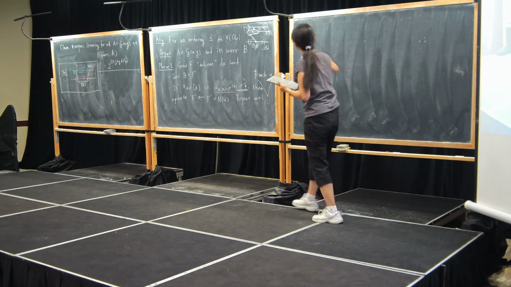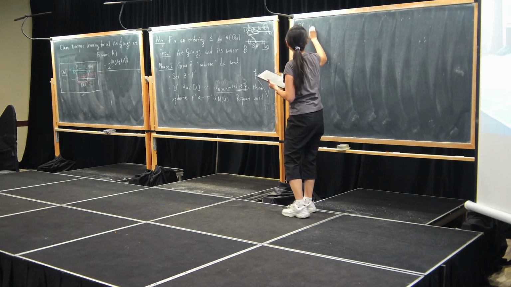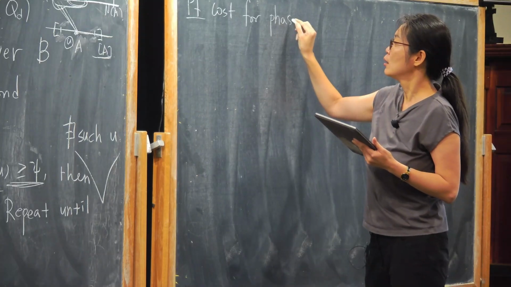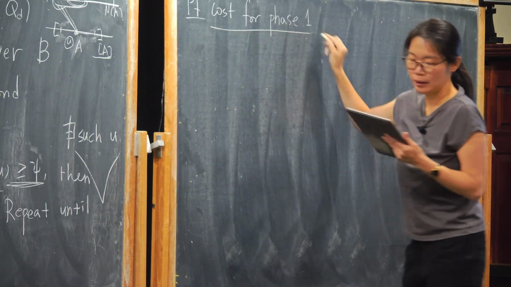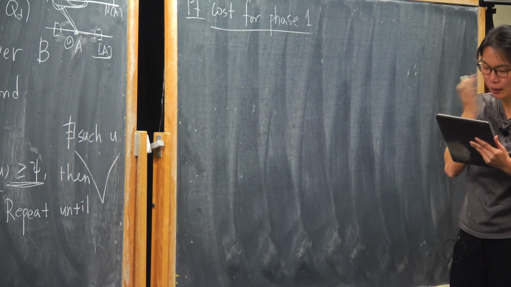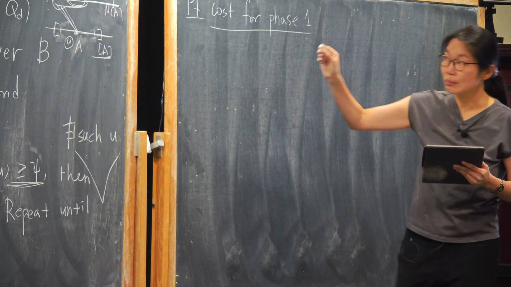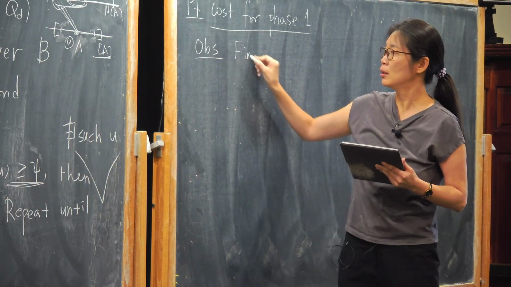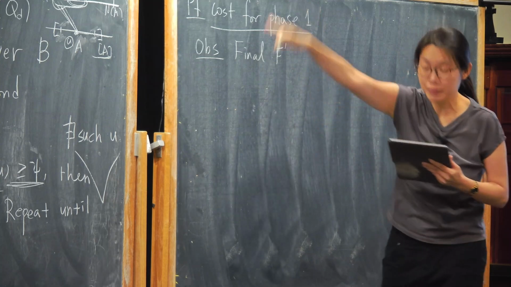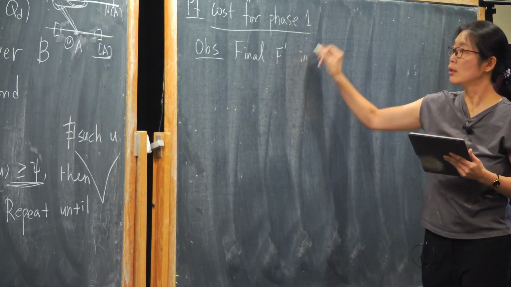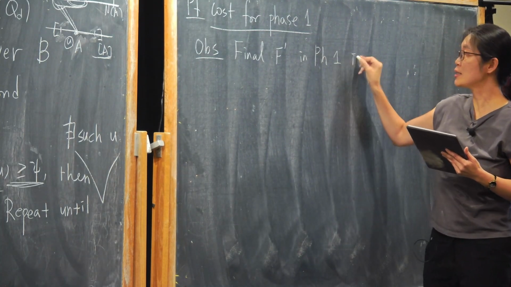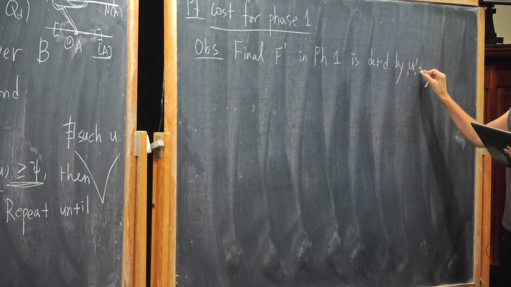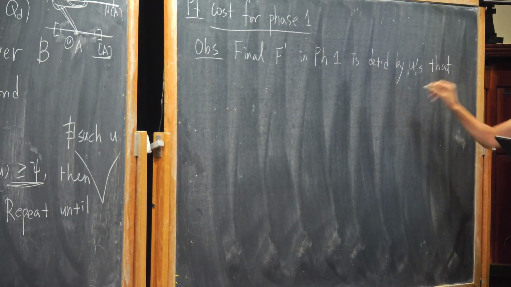Okay, so proof of the cost for phase 1 is this. Observe that the final f prime from this phase 1 is determined by the vertices that we pick.